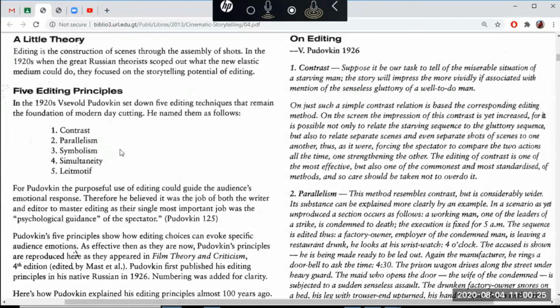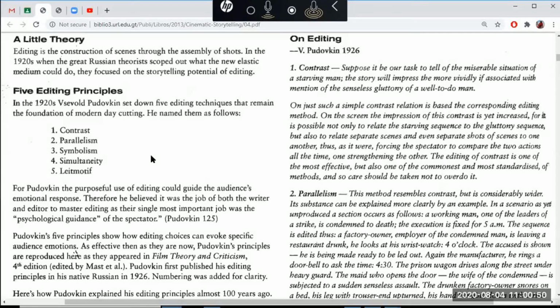We have also discussed symbolism, and symbolic action can be created in many different ways. Lighting can be used. We were looking at meaning that was created through lighting or action.